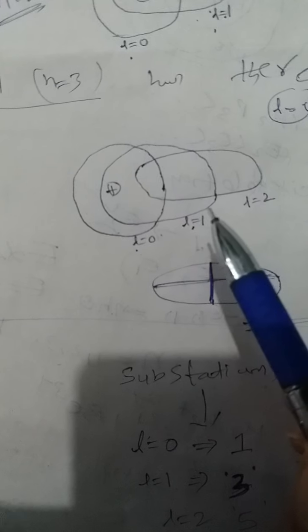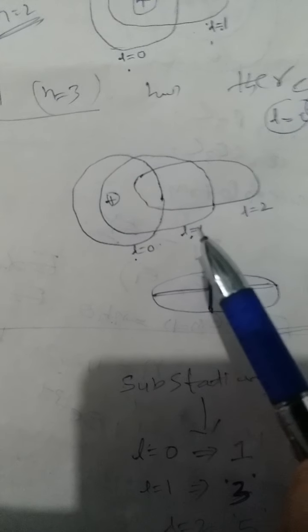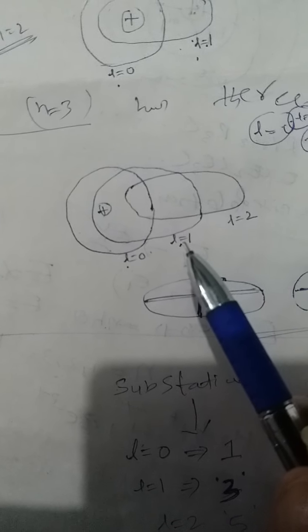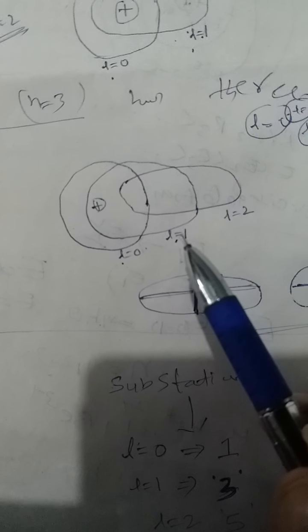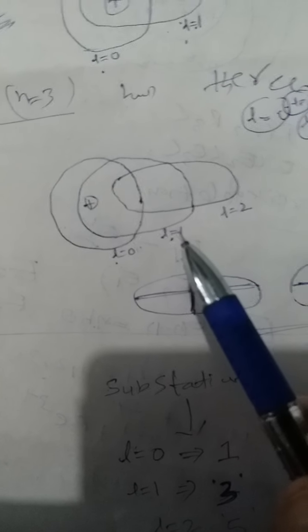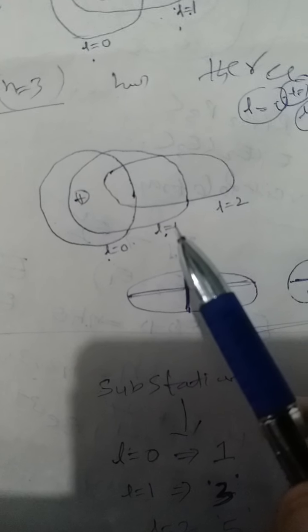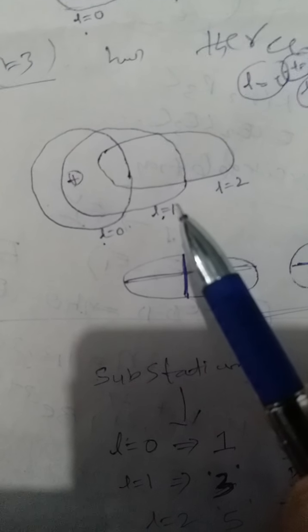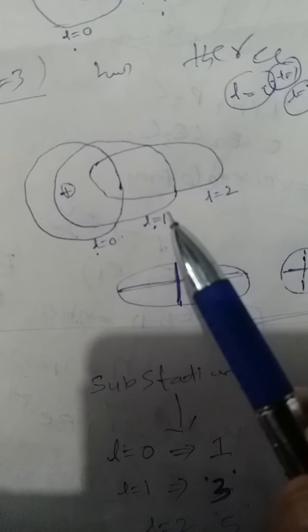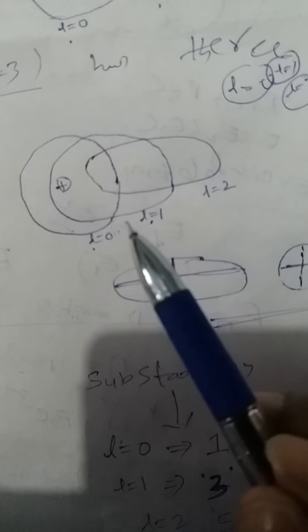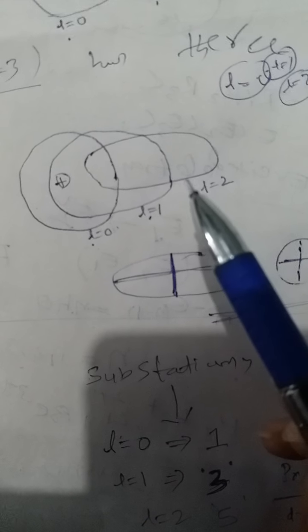And the next one, L equal to 1, is a middle shape between circular and elliptical shape. That is, L equal to 1 is neither 100% circular nor 100% elliptical in shape.